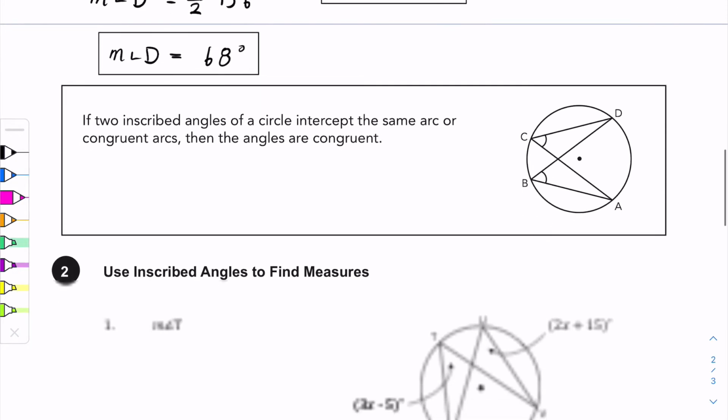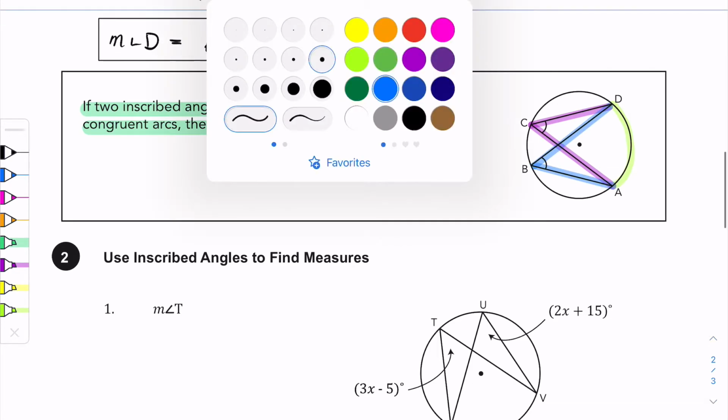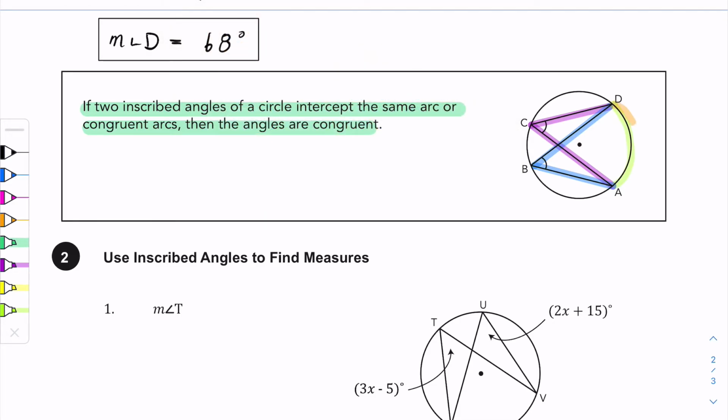Okay, next we're looking at another statement that says if 2 inscribed angles of a circle intercept the same arc or congruent arcs, then the angles are congruent. So if I take a look at this diagram and I highlight my chords here and here, I can see that the intercepted arc is between the points D and A. Now, I also could highlight this chord, and those 2 chords also intercept the same arc.